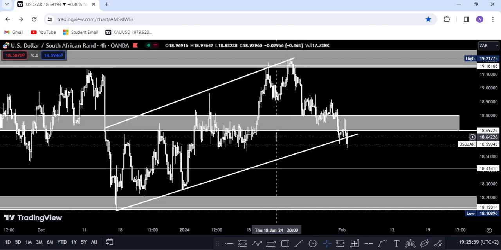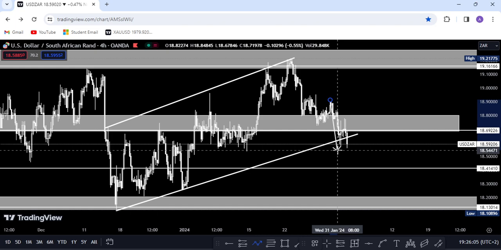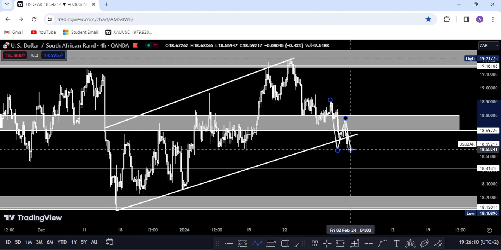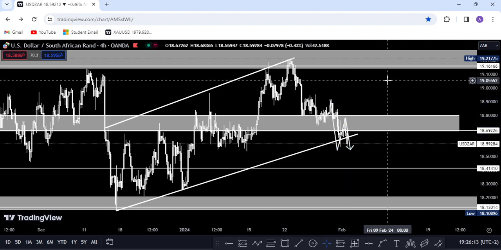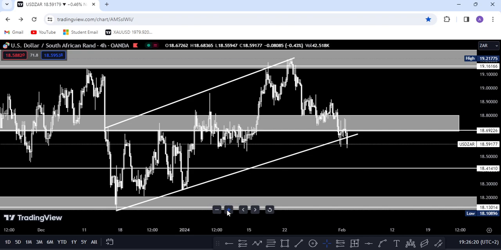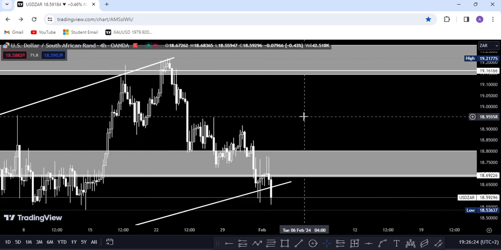Prices went down, hit here, and then went up to retest, and now they are underneath that level, which enforces the idea that prices will be going down, and it's important to pay attention to candlesticks.